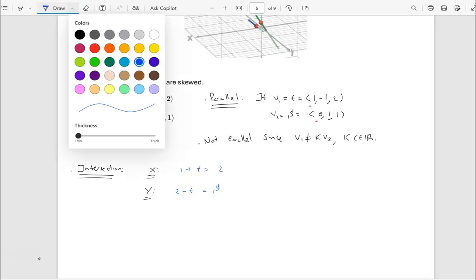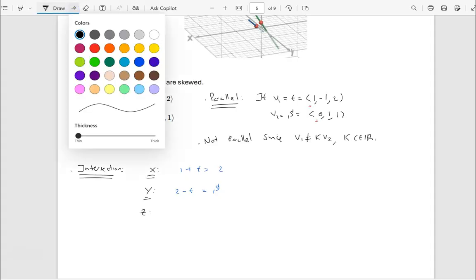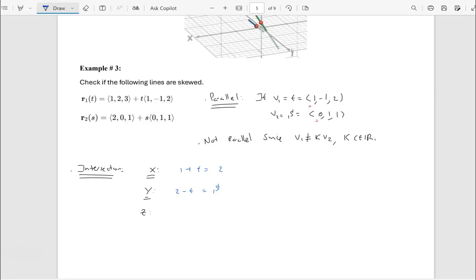And then the last one is going to be your z coordinate. Okay, as we look at the z coordinate, it's going to be equal to 3 plus 2t, and this is equal to 1 plus s.